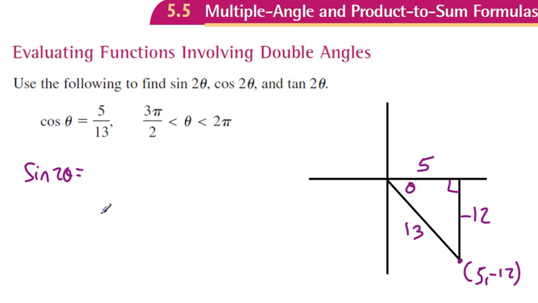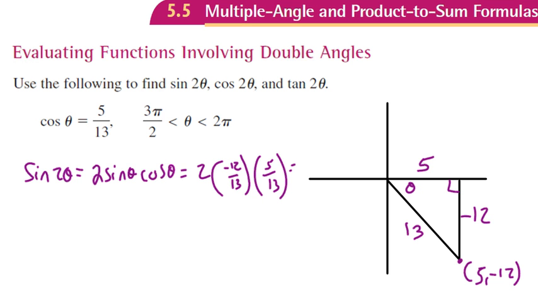So for example, sine of 2 theta is 2 times sine theta cosine theta. This is not hard, right? 2, what is sine of theta? Sine is opposite over hypotenuse, so I can replace sine of theta with -12/13. That's no problem. And we can replace cosine with 5/13.